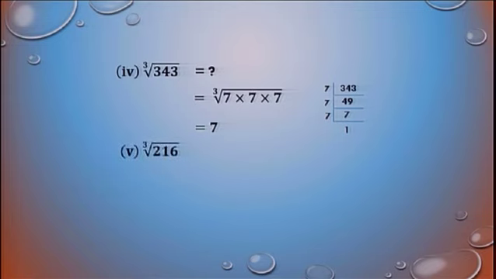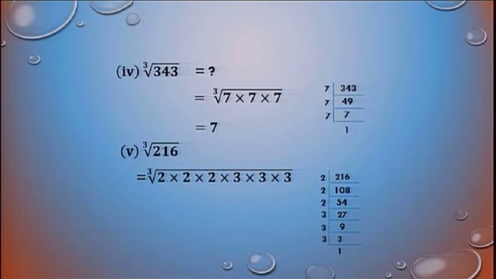Cube root of 216. You're going to divide by 2 to obtain the prime factors. Now we divide by 3. Cube root of 216 is same as cube root of 2 times 2 times 2 times 3 times 3 times 3. You will see that we have 3 number 2 and 3 number 3.